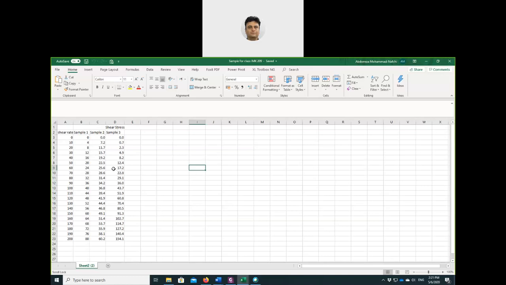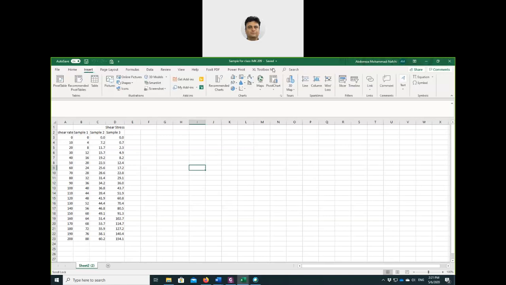First, click far away from your data. For example, here, going to insert chart. As you remember, we use the scatter for x and y because we have paired data here, x and y.